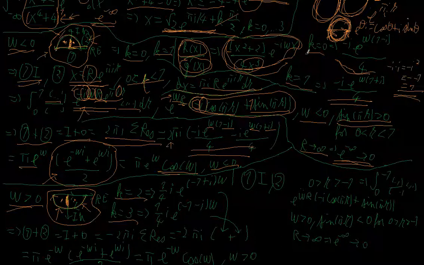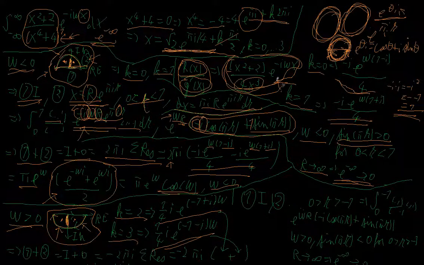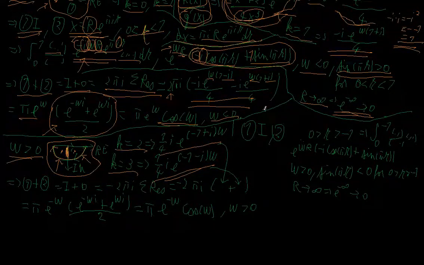If you solve that, you should get 1 over 4i times e to the minus 1 plus i times ω, and 1 over 4i times e to the minus 1 minus i times ω. It's the same thing as before. You take that residue here, you plug in your values for x, but not for k equal to 0 and 1, but k equal to 2 and 3, and you solve. And then again, the proof part is the same thing. That's why I didn't write everything as before.